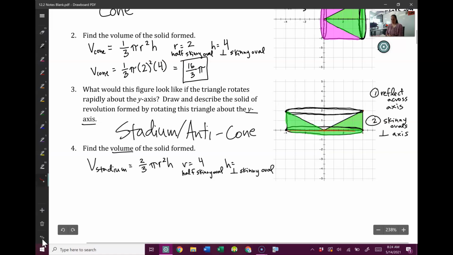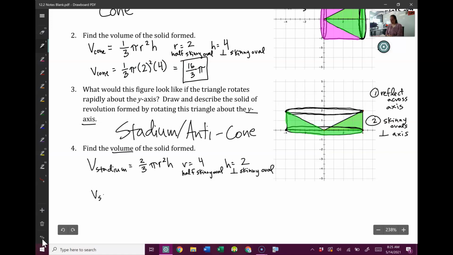So here's my skinny oval, I want the height, so the height is this one, which looks to be 2. Don't go a little past 2, don't do 2.5, be careful about that. Our skinny oval makes it look like it's taller than it is. Look at the height of the triangle. So that height of that triangle is 2.